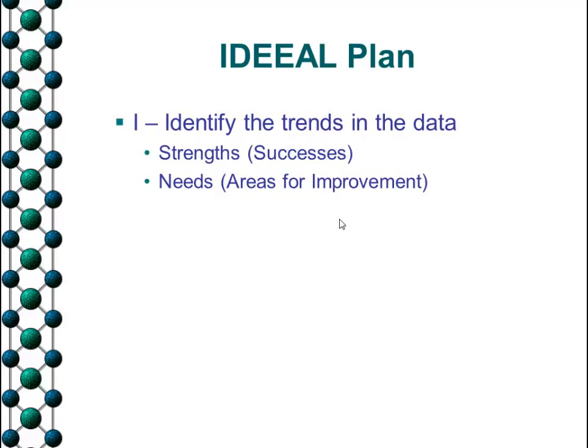The I in IDEAL stands for identifying the trends in the data. When you look at how the data plays out, you want to try and determine, are there patterns emerging? And are those patterns around specific skills? Remember, we're not looking at the reporting categories because a reporting category incorporates lots of skills. So we want to try and drill down to be more skill specific.